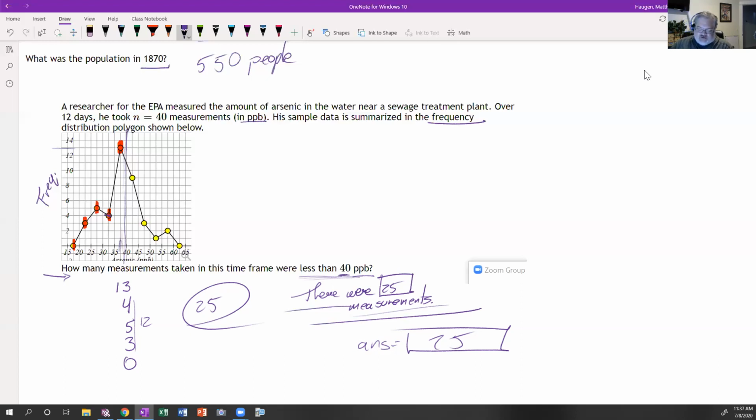Oftentimes when you're working in this kind of computerized format, you'll have a calculator and you won't write much stuff down, and it's really good for you from a learning perspective to be using your body, using your arms, writing things down, seeing them written down, thinking through how you're verbalizing it, talking to each other about it.